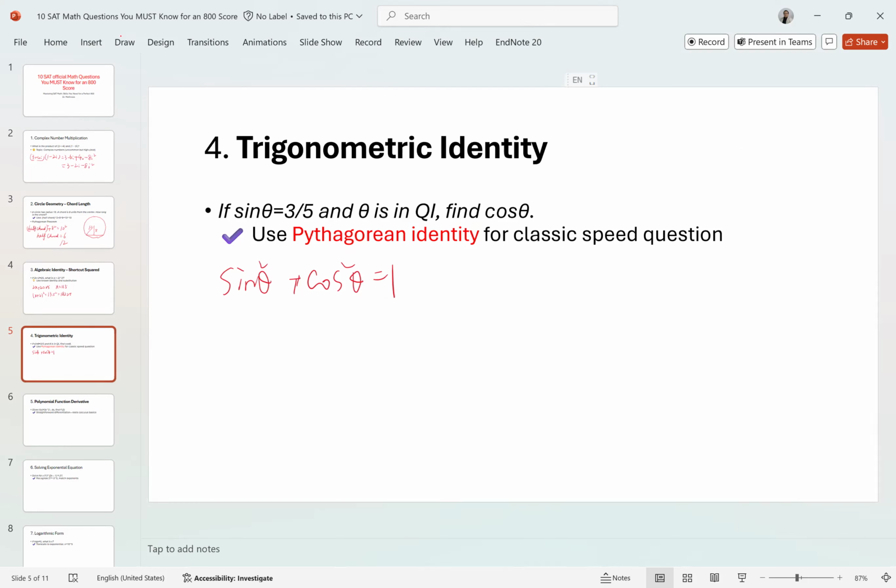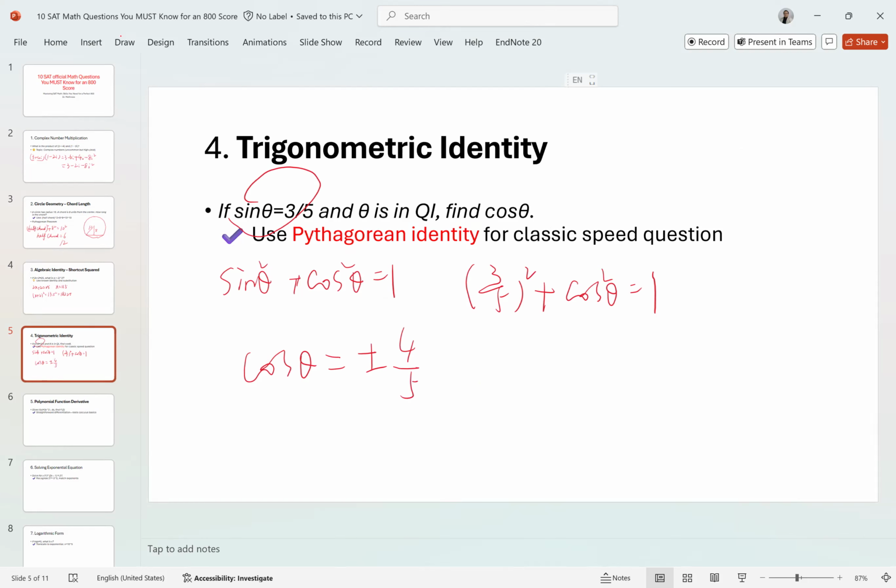So we would plug in the sine theta, that is, 3/5 squared plus cosine theta squared equals 1, right? And then we know the cosine theta would be positive or negative 4 divided by 5.